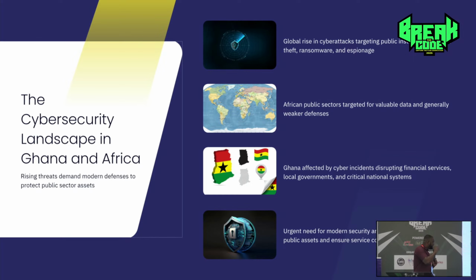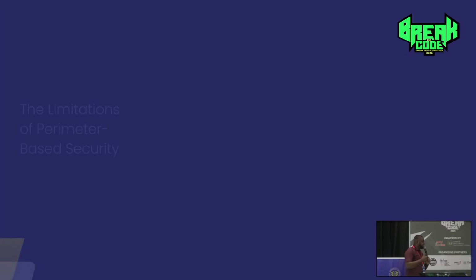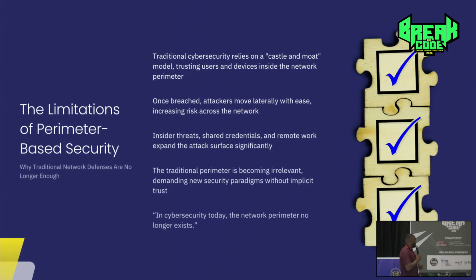There is an urgent need for modern security architecture to safeguard public assets and ensure service continuity. We already have security defense mechanisms, but since attackers are also coming up with modern ways of attacking you, you should also look forward to modern architecture to secure your information system.